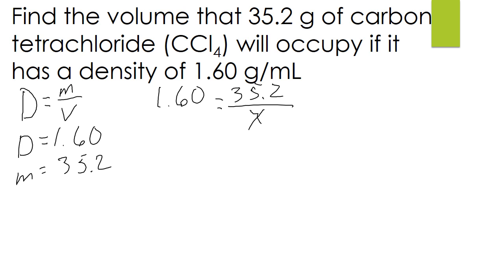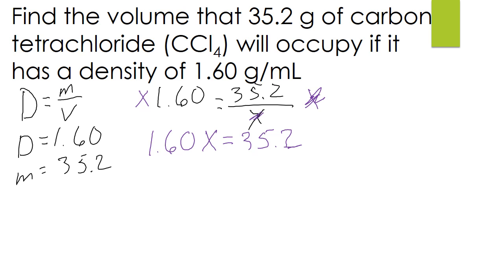All right. So now I'm going to do this the same way I did the last problem. I've got x on the bottom, which I don't like. So I'm going to multiply both sides by x. That's going to cancel these out. Now I get 1.6 times x equals 35.2. That is a 2, I promise.